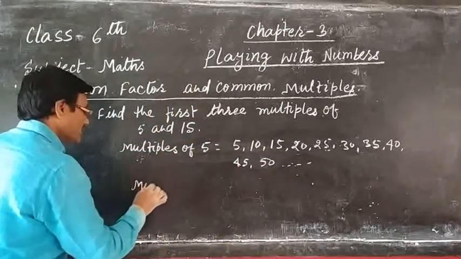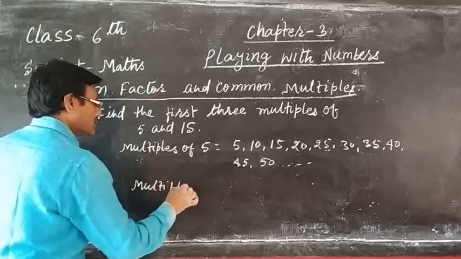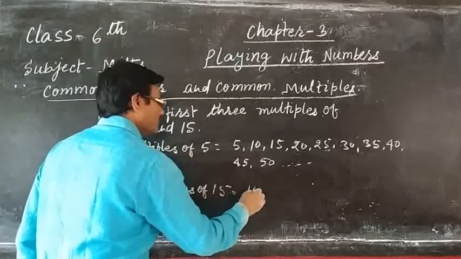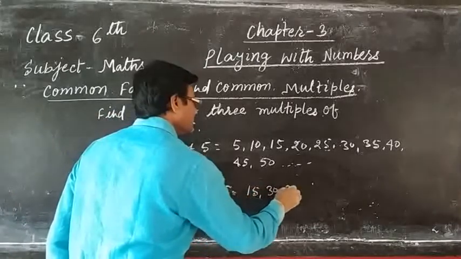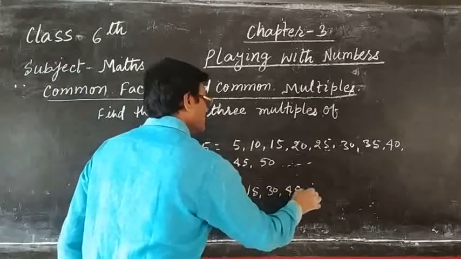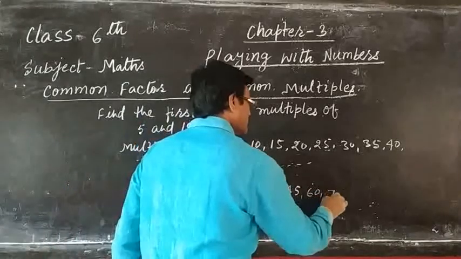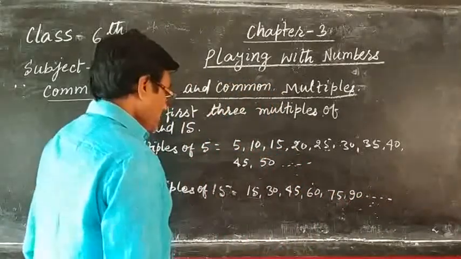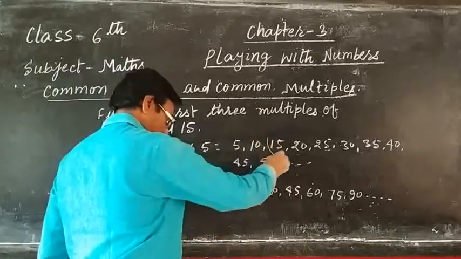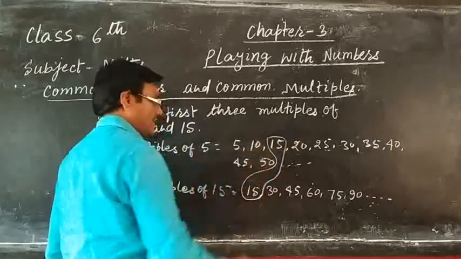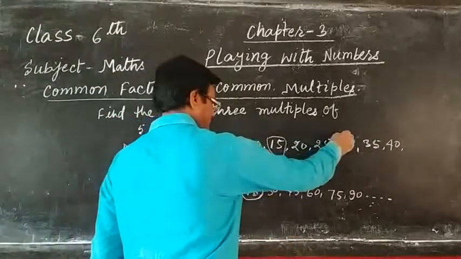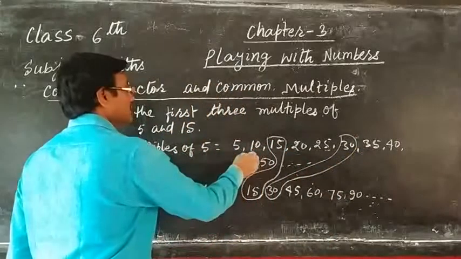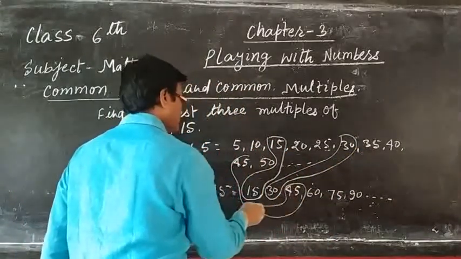Again, multiples of 15 will be 15, 30, 45, 60, 75, 90 and so on. So the first common multiple is 15, second 30 and third 45.